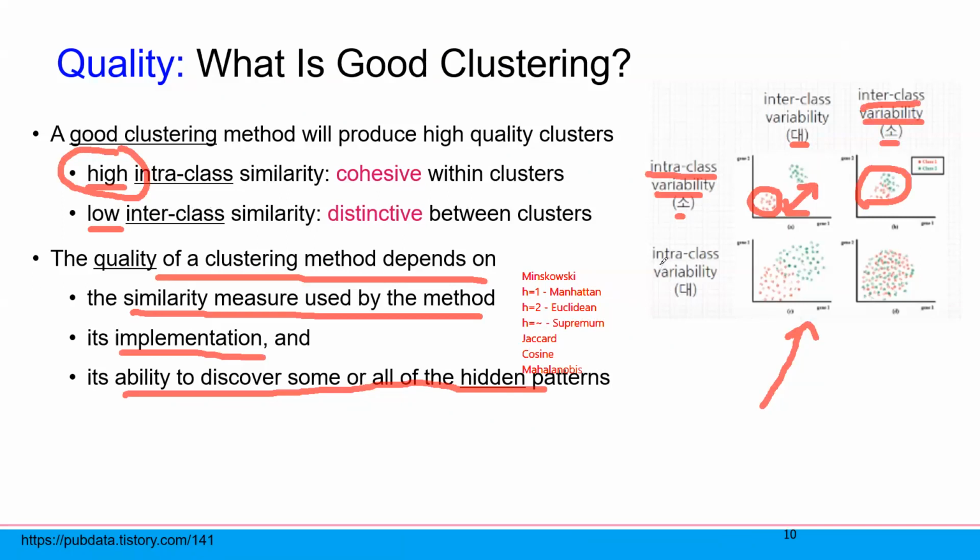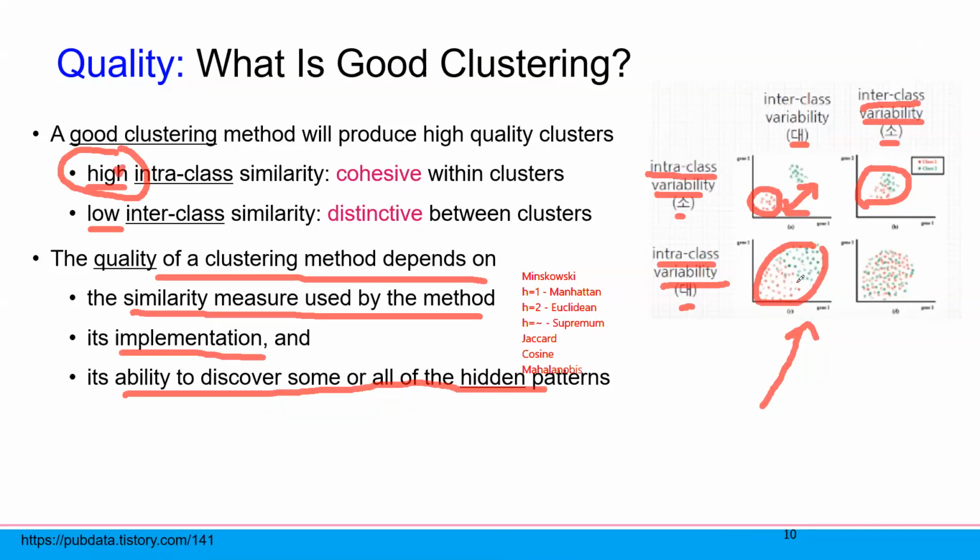So if the intra-class variability in this case is high, I can say in this case it is low. The intra-class variability is low, so I cannot see the relation between the objects. And the inter-class variability is low.